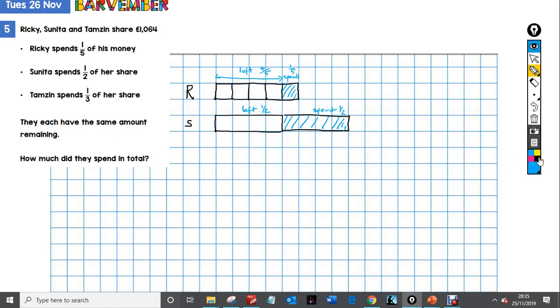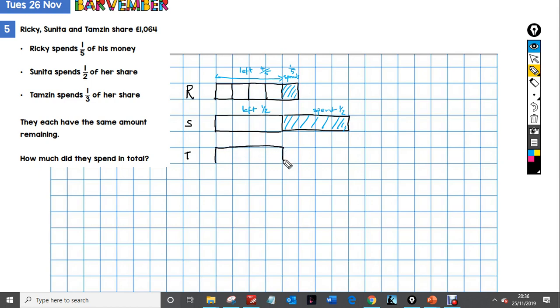And then same again for Tamzin. We are told that Tamzin spends a third of her share, so she spent a third of her original amount, which means she was left with 2/3, and she's also left with the same amount as Ricky and Sunita. So let's draw a bar.